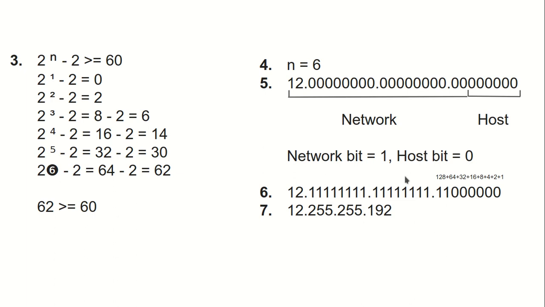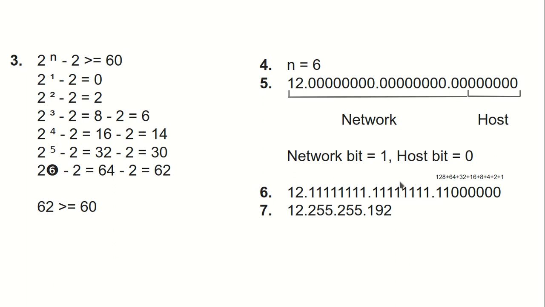After that, let's take this 12 and count the 1s. Let's count the decimal values of these 1s. The decimal number of these 1s would be equal to 255. If I add these values, the decimal value of these 1s will be equal to 255.